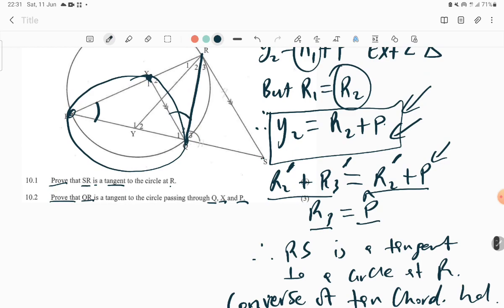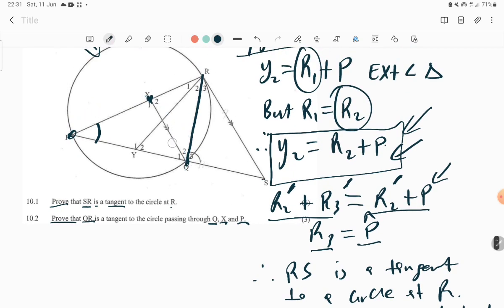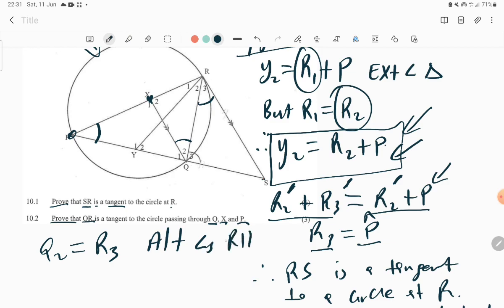So we know that this angle, Q2, is equal to R3. Reason: these are alternate angles, because these lines are parallel to each other. SR is parallel to XQ, which is why alternate angles are equal.